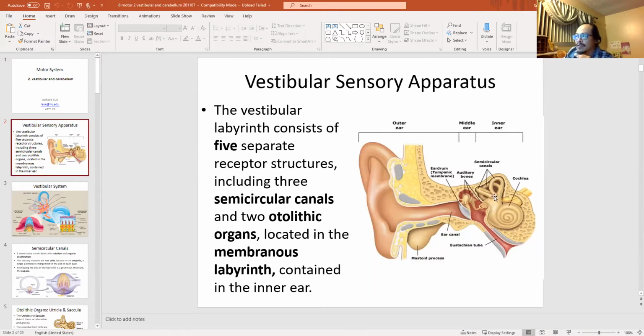We also have two chambers here that contain a rock-like type of organelle called the otolithic organs, right here. All these together, this region, is called the vestibular sensory apparatus. That is the region that provides us the detection of body balance as well as gravity. So we know the gravity because of this one here.